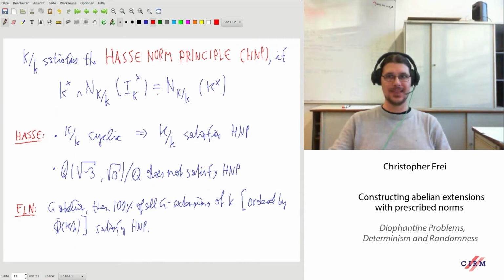And again, the bad news is that for the simplest non-cyclic extensions, which are biquadratic ones, so Galois group Z2 times Z2, there are already counterexamples. This one is due to Hasse. If you join the square root of minus 3 and of 13 to Q, then this extension does not satisfy the Hasse norm principle.